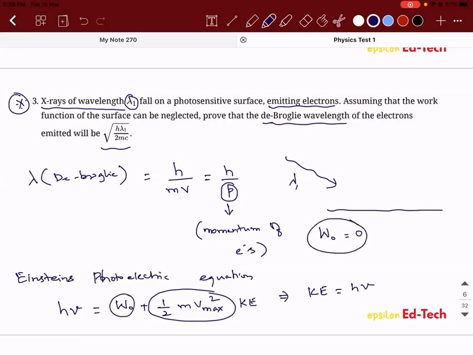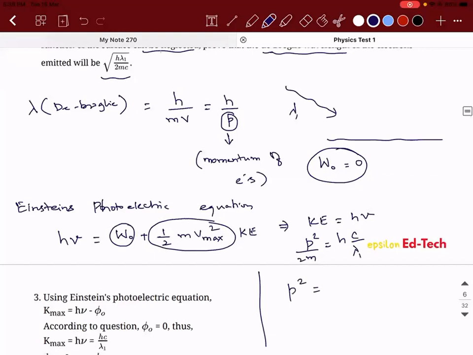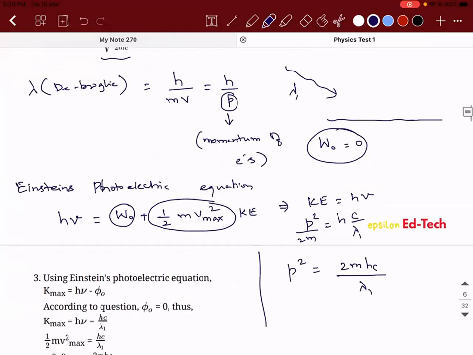They told W naught is 0 because the work function of the surface can be neglected. When KE is equal to h nu, how do you write KE in terms of momentum? I can write it as p square divided by 2m is equal to h into, in the place of nu, c divided by lambda 1. So p square will be equal to 2m into hc divided by lambda 1.